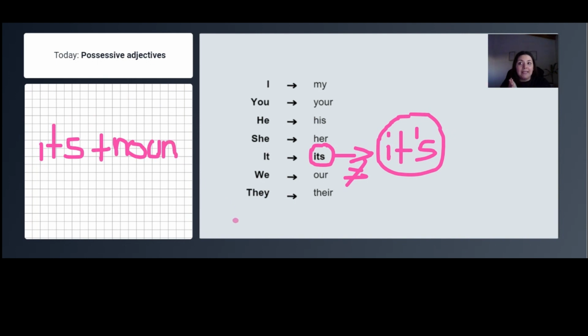For example, its walls, its windows, its owners.